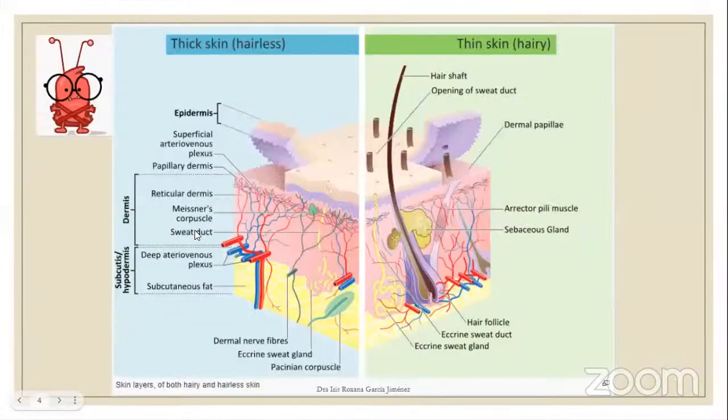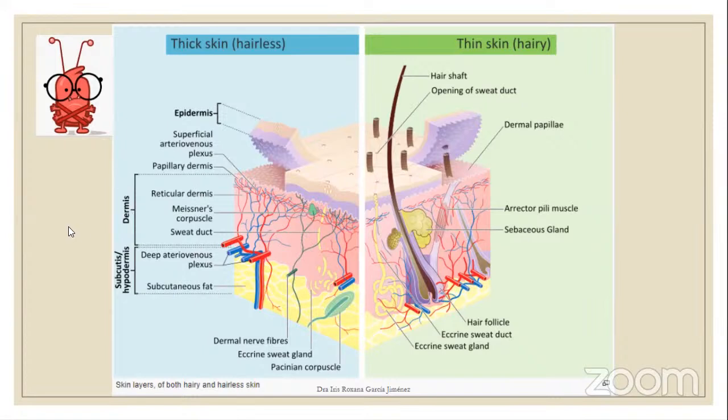But when we go ahead and check this different chart, we can make the comparison between the hairy skin and the hairless skin, right? As you can see, there are differences that we might consider. For example, of course, the hair shaft, and then the hair follicle. That in the previous chart is not present, but just as extra information, right?